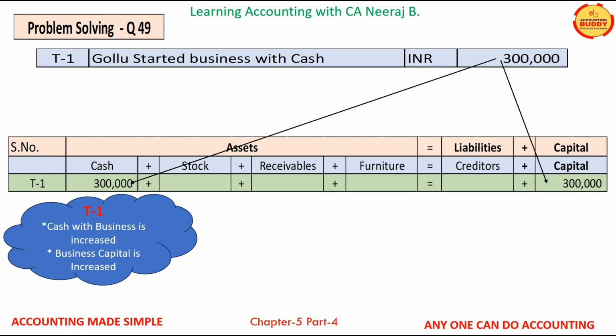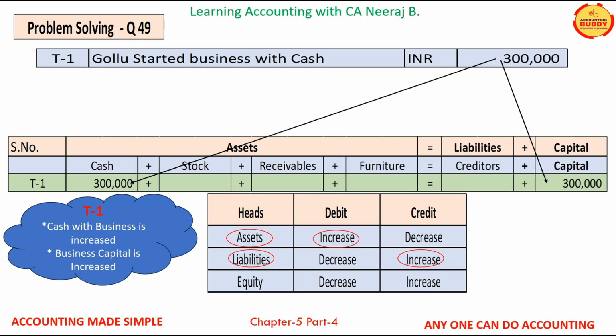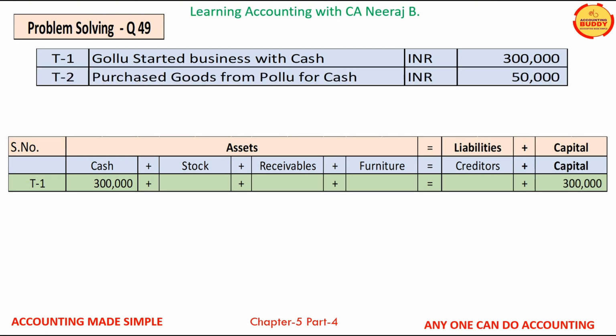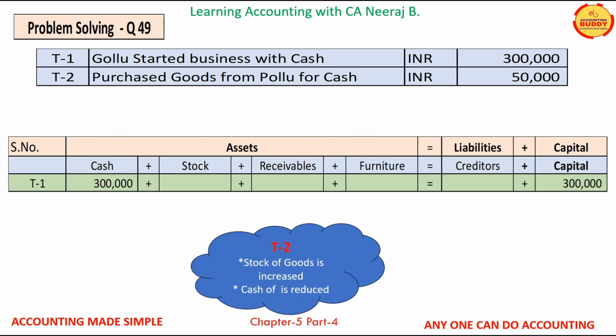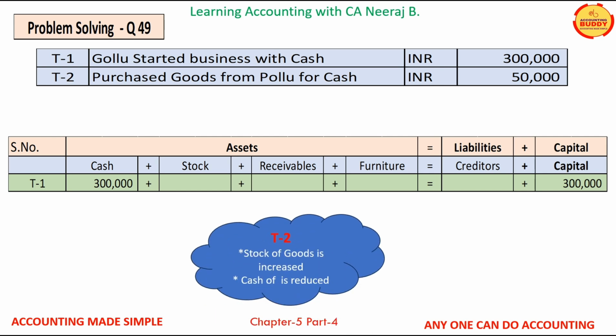Please note, cash being an asset is increasing, therefore it will be debited, and the capital is also increasing, so it will be credited. The T2 transaction on your screens is Golu purchased goods worth 50,000 from Polu for cash. With this transaction, the stock, which is an asset, will increase, and the cash, which is again an asset, will be reduced.